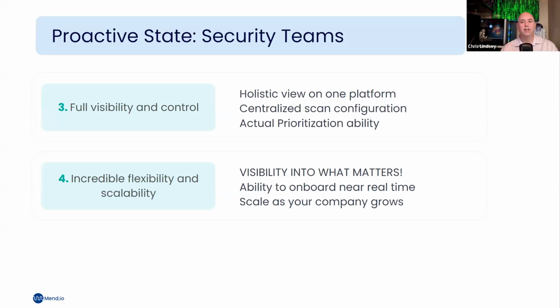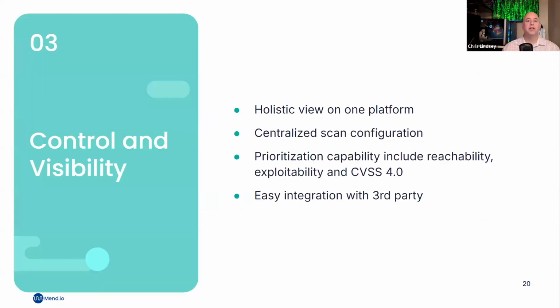And you have, again, visibility into what matters. So you're not just having people creating stuff that you're unaware of. Now you have visibility into everything. So holistic view, one platform, a good centralized scan configuration. You can prioritize the data based on your information exploitability, your CVSS 3.1, 4.0, and easy integration with third party tools.